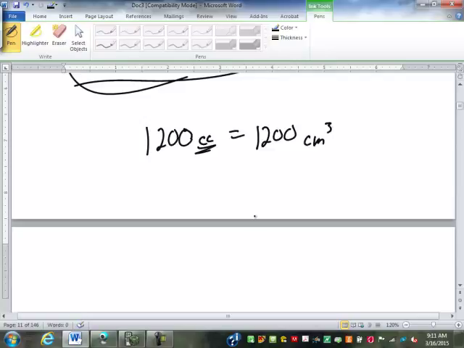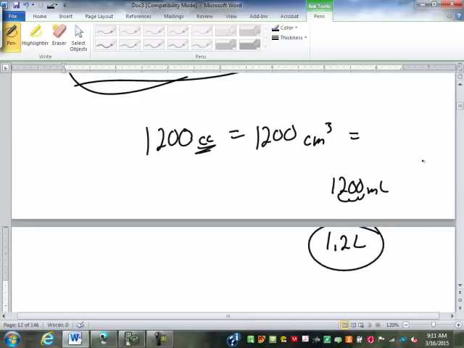Cubic centimeters. So 1200 cc's is 1200 cubic centimeters. Well, a cubic centimeter is a milliliter. So that's 1200 milliliters. To convert from milliliters to liters, it's 3 spots to the left. So that's a 1.2 liter engine, which means a 1400 cc motorcycle would be a 1.4 liter engine. That's as big of a motor as goes in some of your smaller 4-cylinder cars.